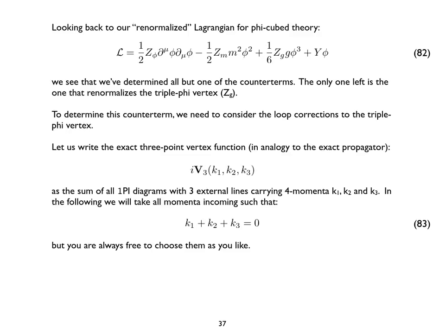Are these diagrams 1PI? Are they one particle irreducible? No, right? Because if I can cut this guy right there, then I get two separate diagrams, and I can't get from one point to another, okay? So all of these guys are not 1PI. They're not one particle irreducible.